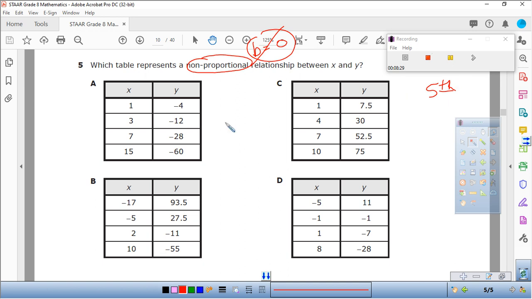Okay, look at this one real quick. Cross multiplication. What's 3 times a negative 4? 3 times a negative 4 is a negative 12. What's 1 times a negative 12? Negative 12. So that one's proportional.